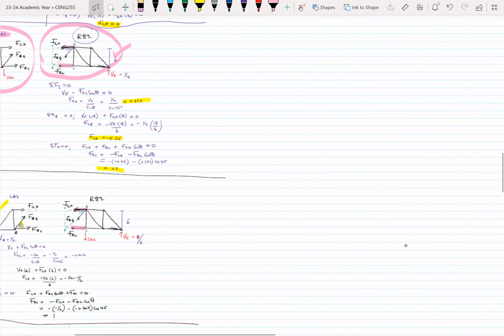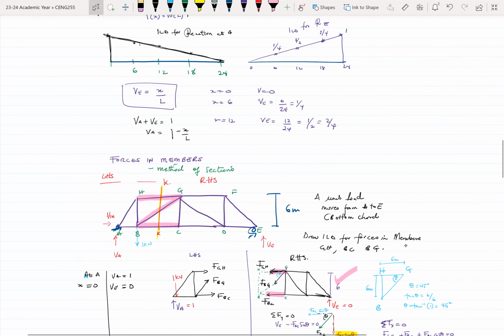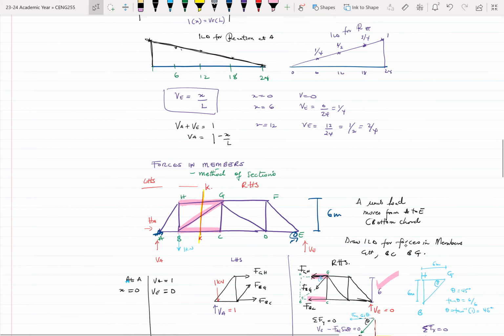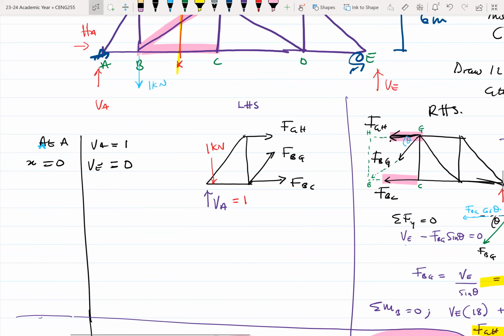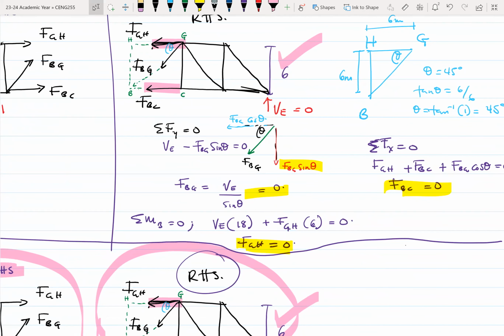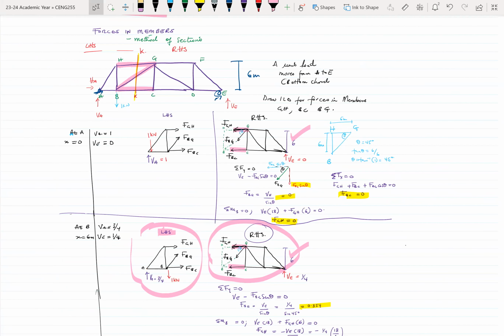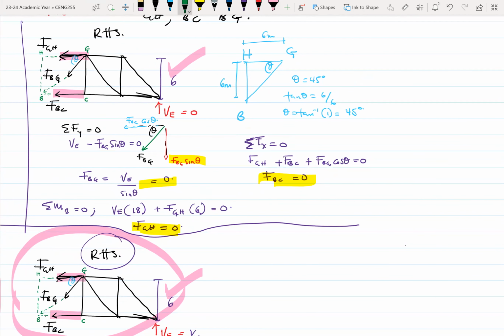We established this set of equations, that VE is x over L, and VA is 1 minus x over L. So coming back here, assuming we want to put together a general equation for whatever we've been looking at, I'll write with green, green is nicer.